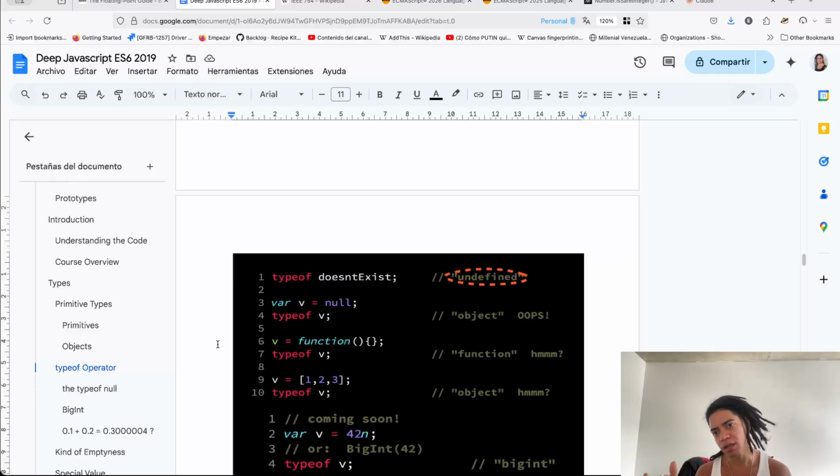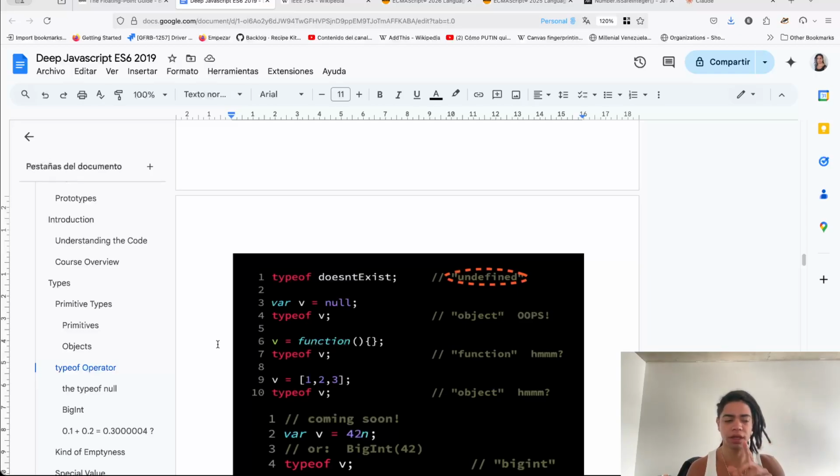So that's why it returns an object. In any case, this is a bug, and you have to be careful with that. They don't want to change it, because otherwise it would break the entire internet and a huge economy. No, that's a no-no.